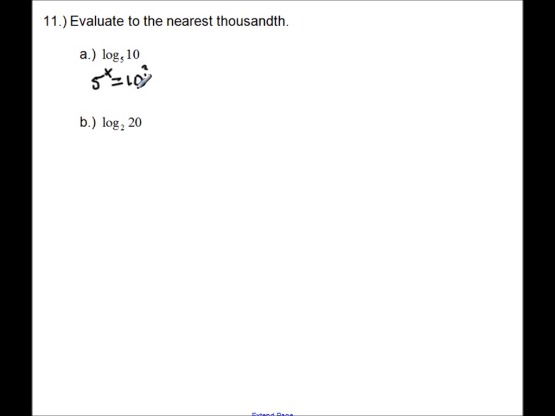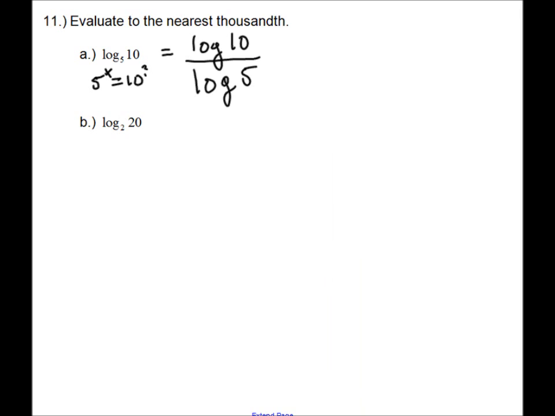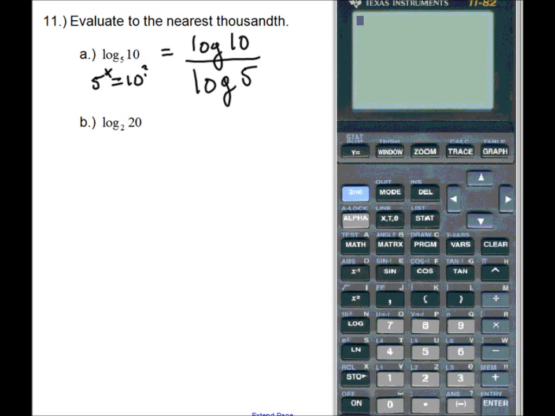To do this, we can use the change of base formula, which says that this will equal log base 10 of 10 divided by log base 10 of 5.